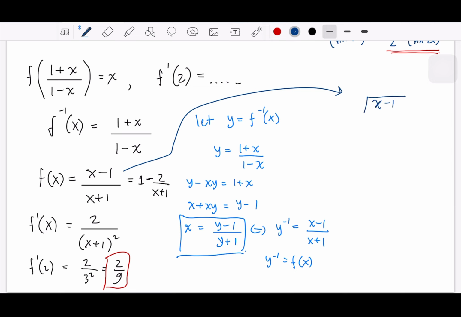It's actually just regular division. So this will be 1, x plus 1, and we subtract this. This will be negative 2. So we will have 1 minus 2 over x plus 1. Okay, this is what we have.